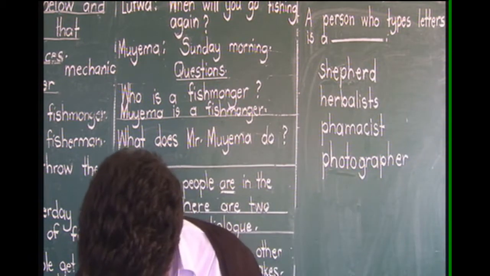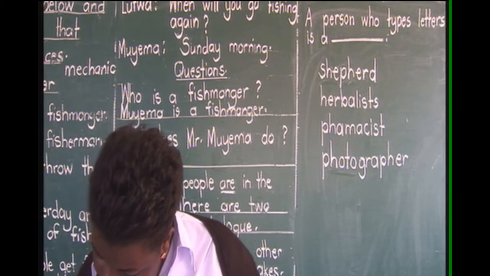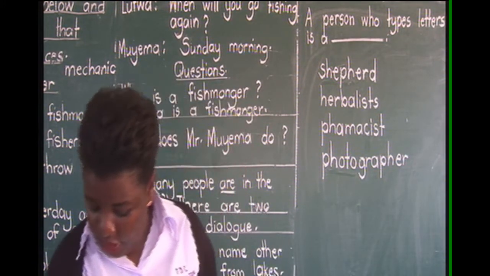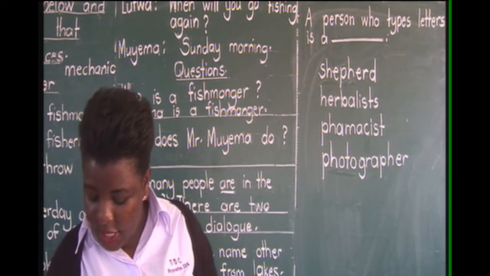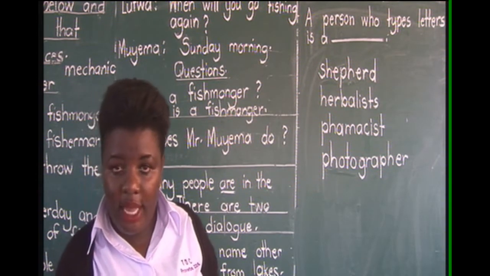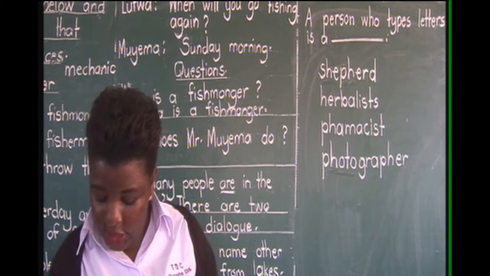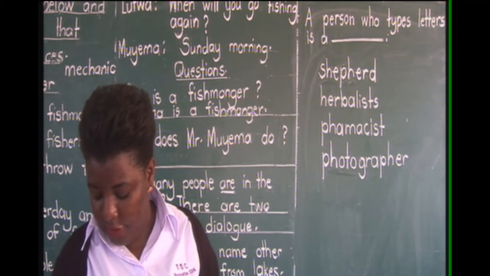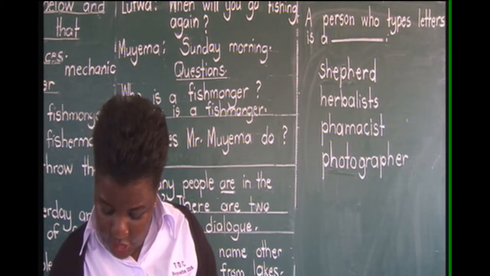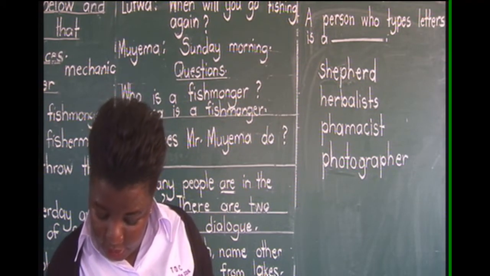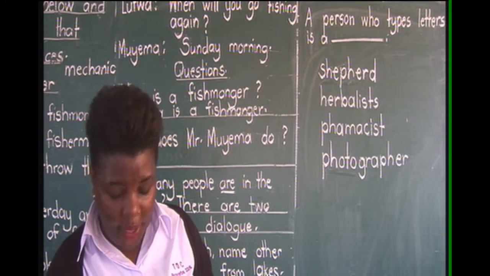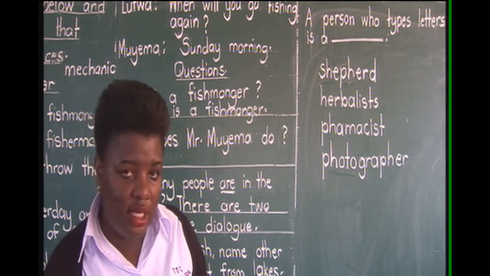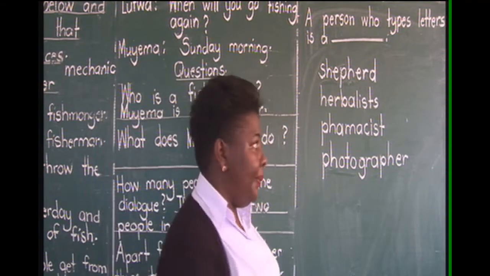The next one, that one you know, I cut meat. I cut and sell meat. We talked about that person. I believe you know. I write books and novels. How do you call that person that writes books and novels? The other one was the one who writes poems. We said that is a poet. So a person who writes books or novels is an author.